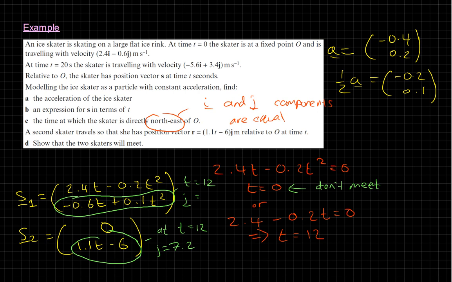Minus 0.6 times 12 plus 0.1 times 12 squared. 7.2 again. So it worked. They're going to meet. So in this case, t equals 12, the two skaters definitely meet. Their position vectors are the same. Cool, all right, that's it.